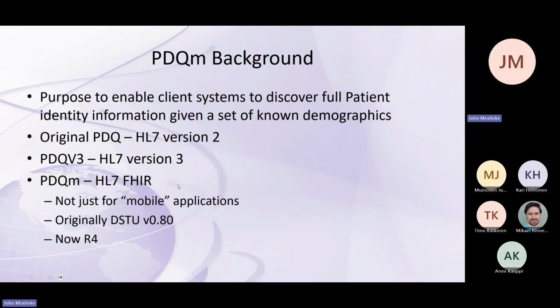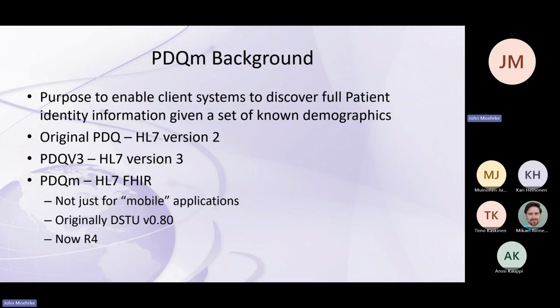When FHIR was coming forward and becoming interesting to many, we started with PDQm. It was the first one we looked at using FHIR. Since we had this pattern of PDQ V3, we figured there needs to be some suffix to show that this is the original use cases reimagined using FHIR. We used the term mobile at the time.